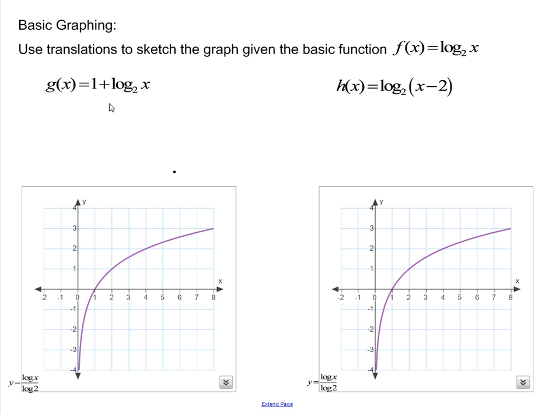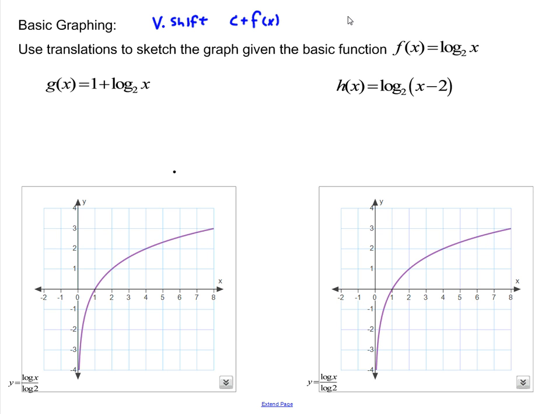For example, every single time that we have a graph and we add or subtract some number to the outside of that function, remember that the rule went like this. A vertical shift always occurred whenever we added some number to the outside of the function. So if we have some constant plus or minus the function f of x, that will be a vertical shift.